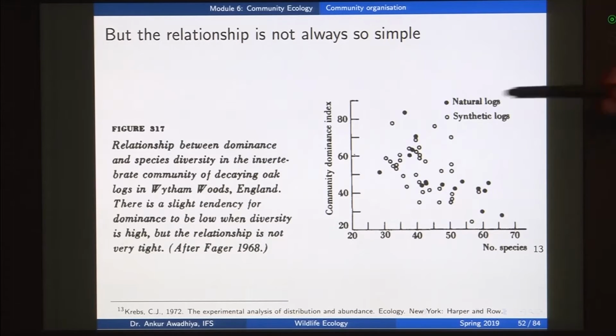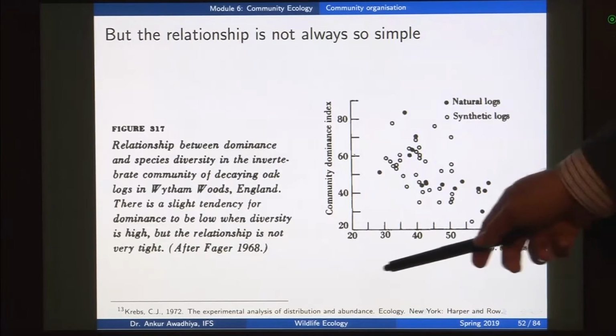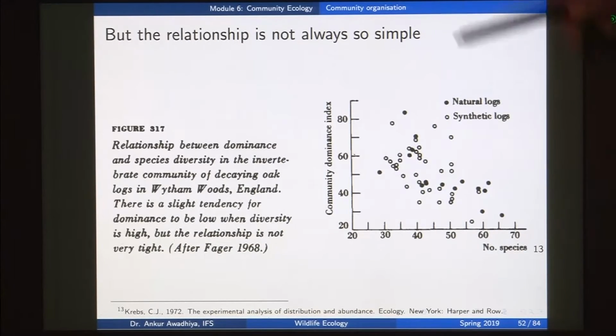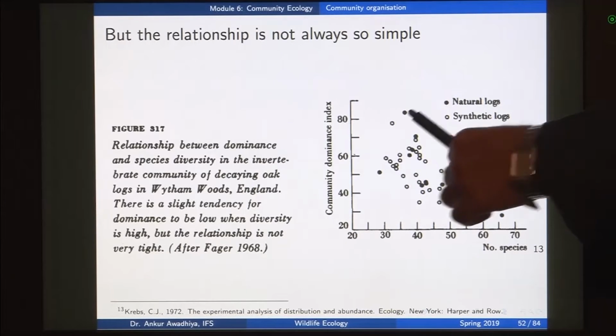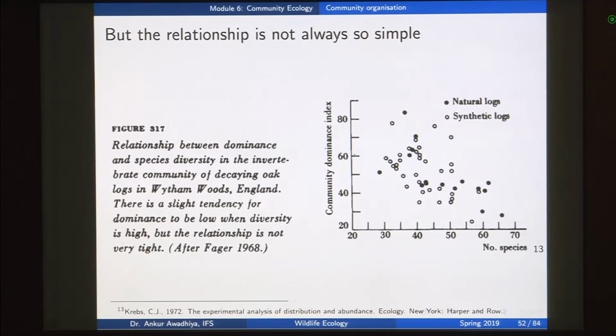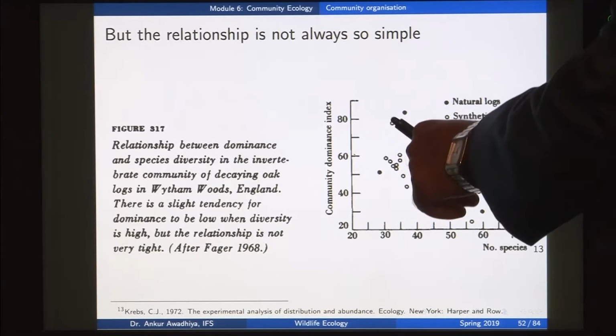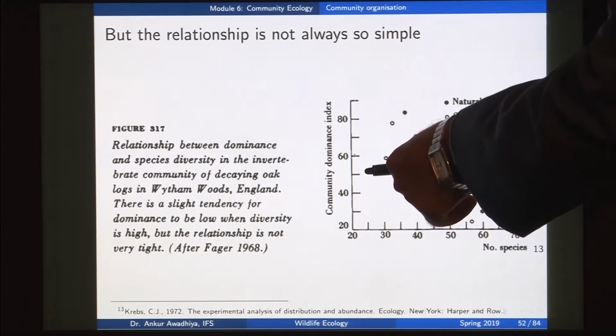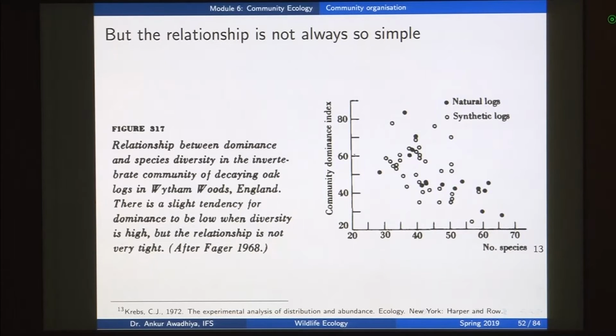So, here you have the community dominance index, on this side you have the number of species. Now, we can try to put a curve like this, but because there is so much variation, it is also possible that we might try to put a curve not like this, but say like this, that is also possible.